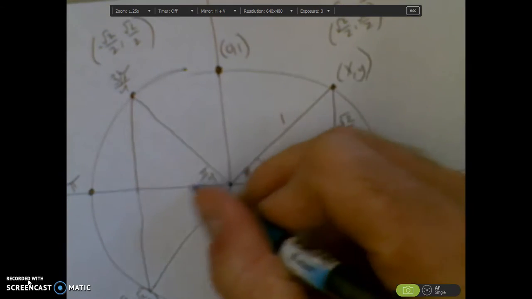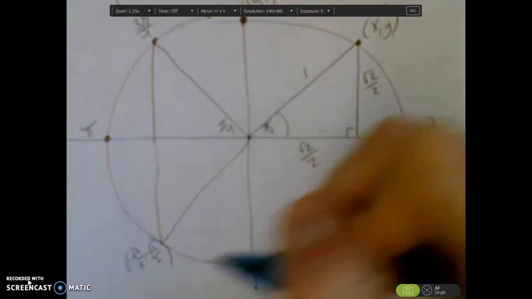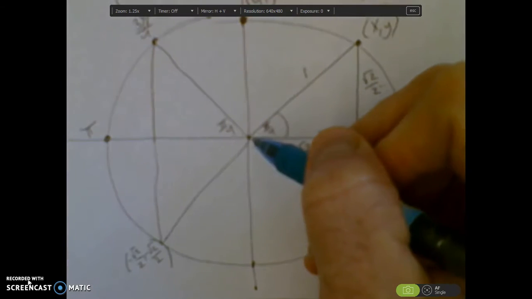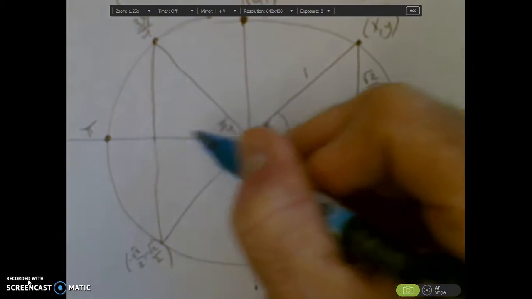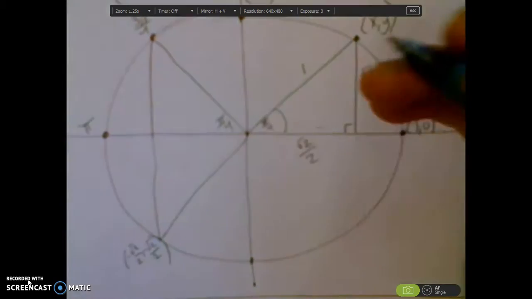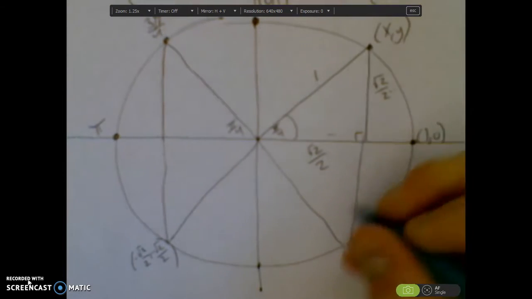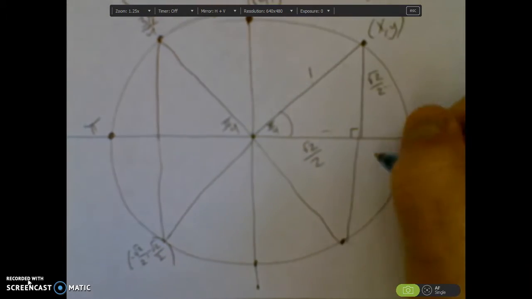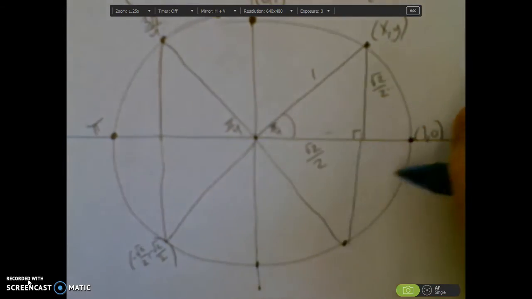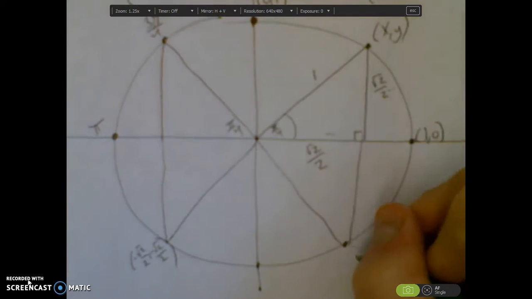Because at any point, even if you didn't have a unit circle here, if something's out here in the third quadrant, the x-coordinate is negative and the y-coordinate is negative, because x is negative this way, y is negative this way. So that's how that works. And then in the fourth quadrant, by the way, 2 pi is 8 pi fourths, and you're going back pi fourths, so this is 7 pi fourths.